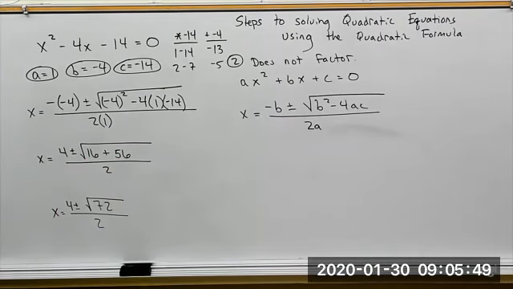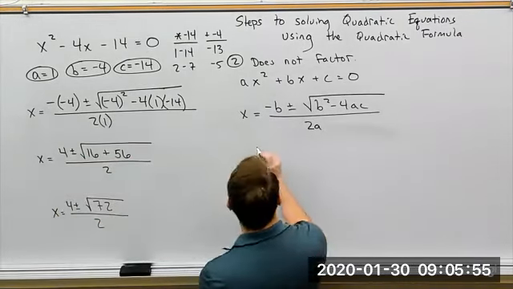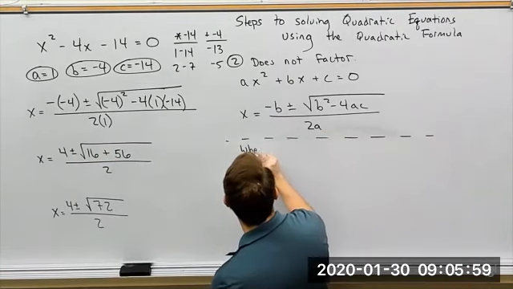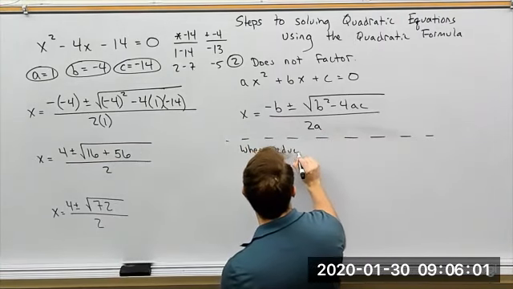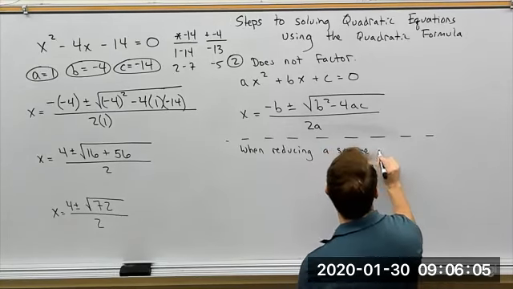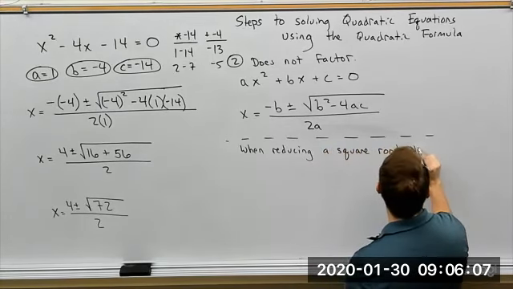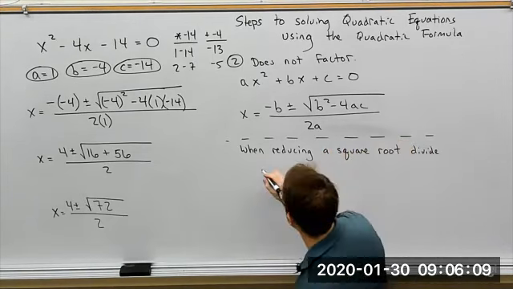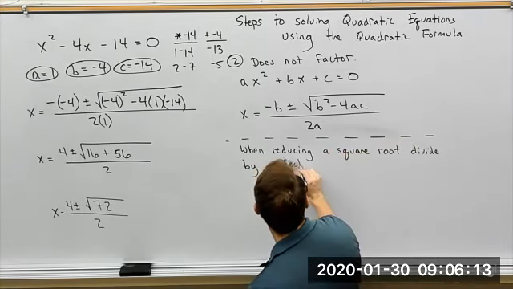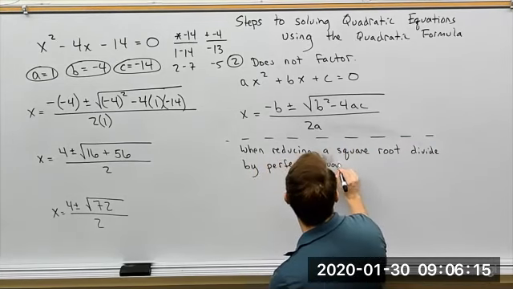Now what we need to be able to do is reduce a square root. When reducing a square root, divide the number on the inside by perfect squares. All right?